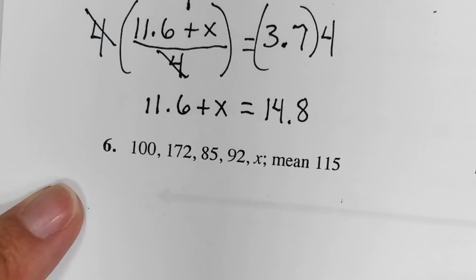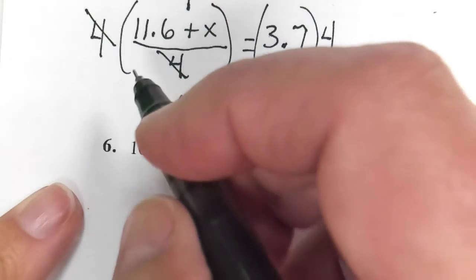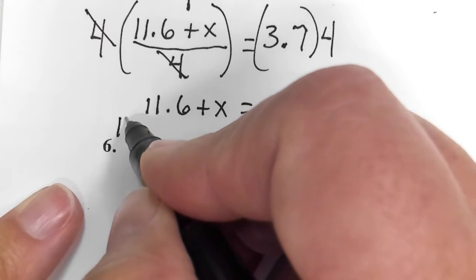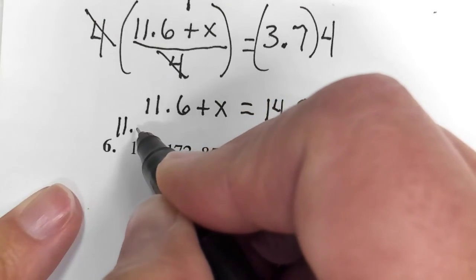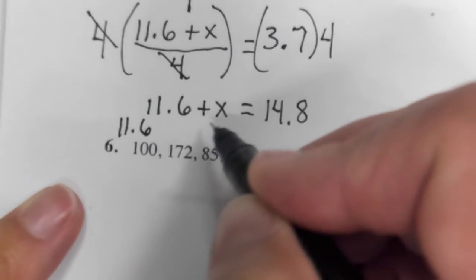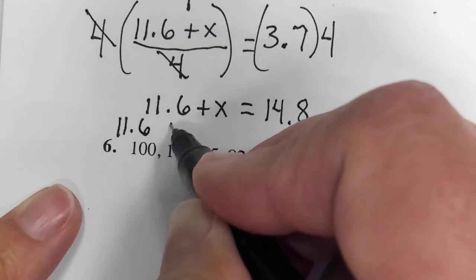Okay, good. Excellent. So 11 and 6 tenths is positive, plus an x.